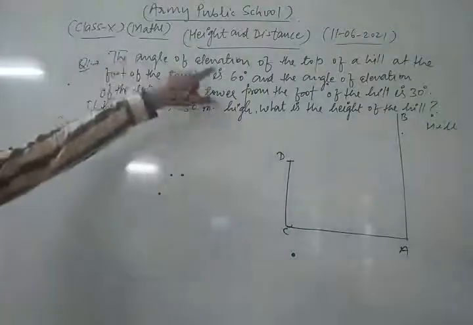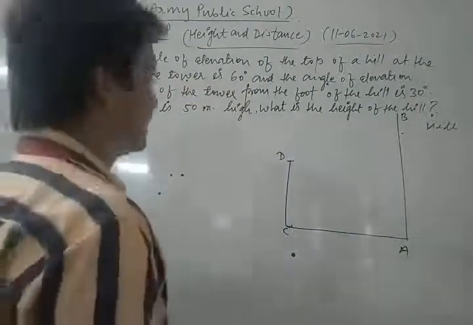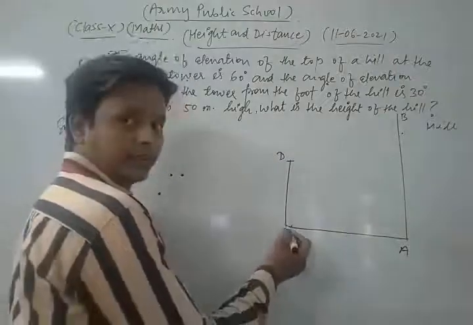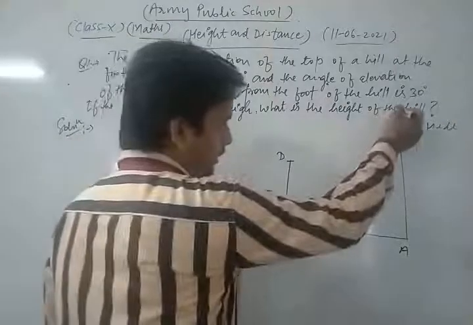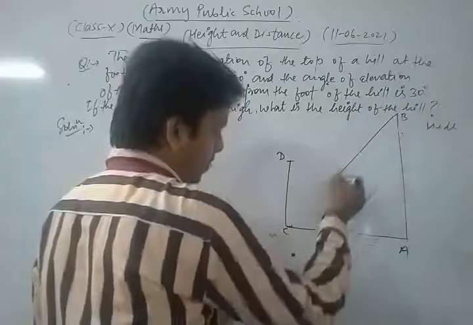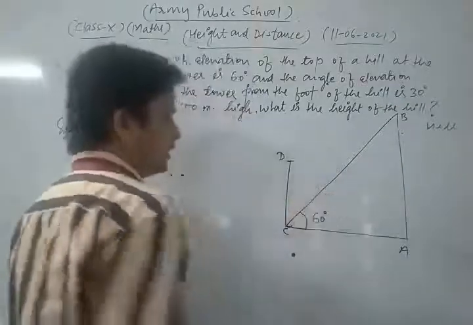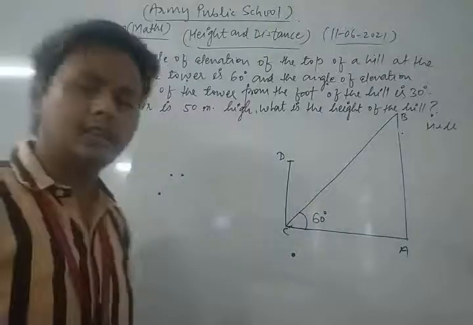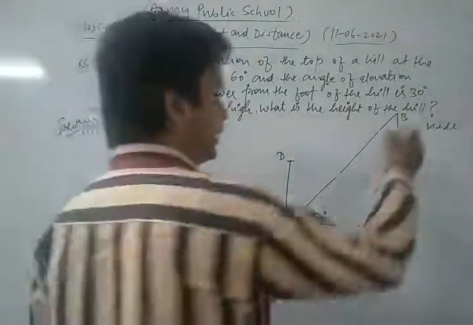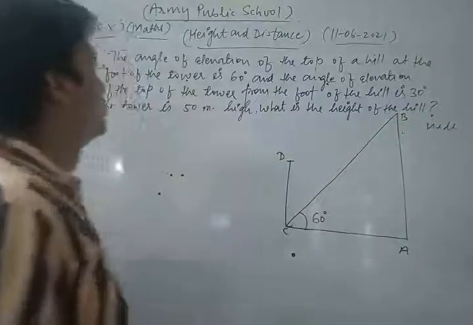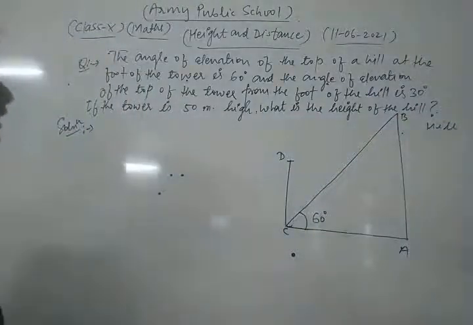From the foot of the tower, the angle of elevation of the top of the hill is 60 degrees.